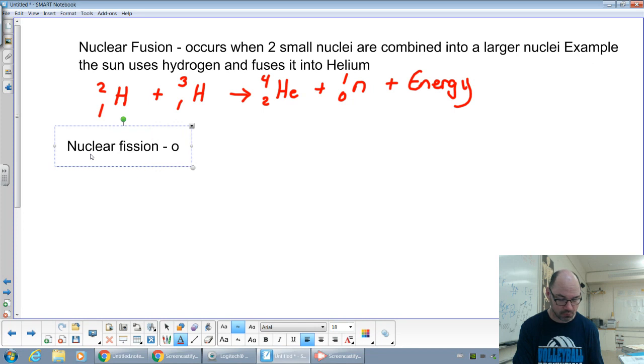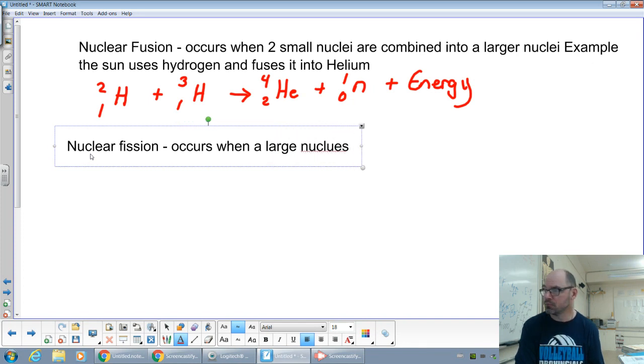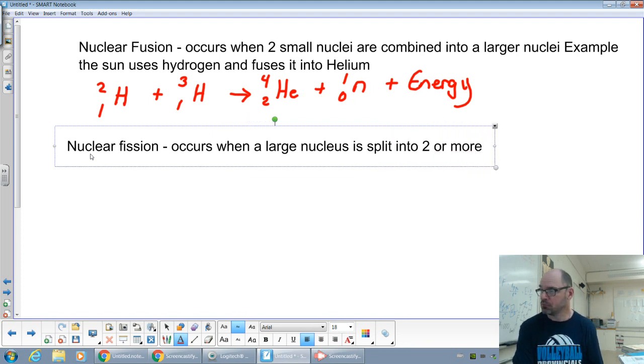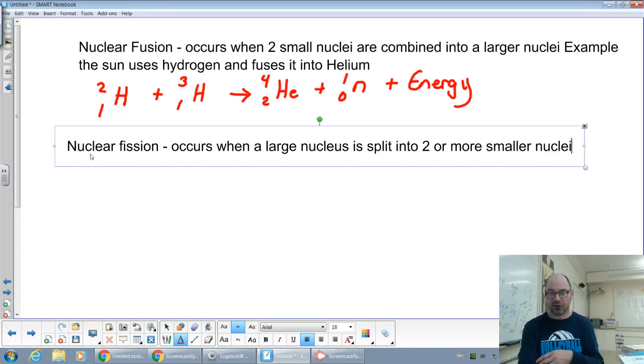Okay, this occurs when a large nucleus splits or is split into two or more smaller nuclei. Okay. Energy is also released.